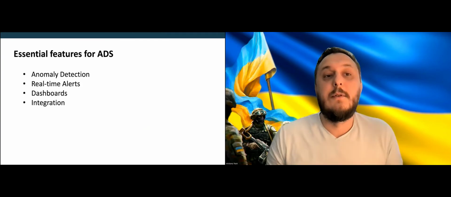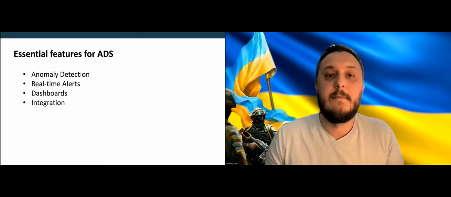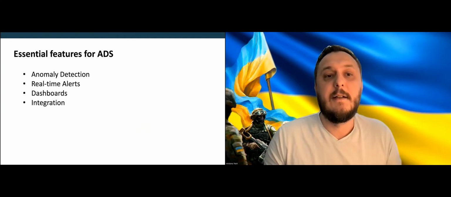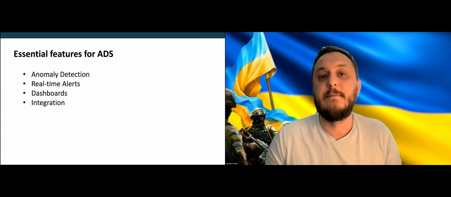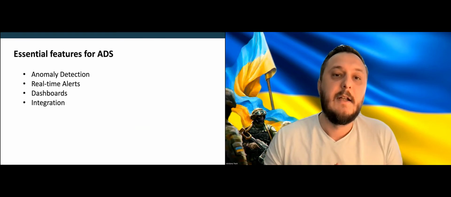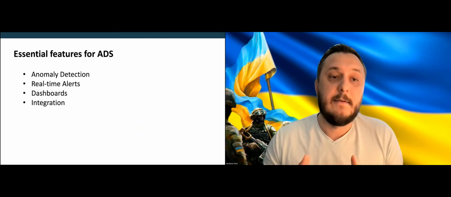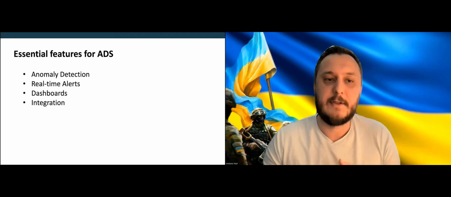If you remember our previous breakfast seminar session, I mentioned that anomaly detection systems have to have some very specific features, namely anomaly detection, because it's important for an anomaly detection system to have anomaly detection.